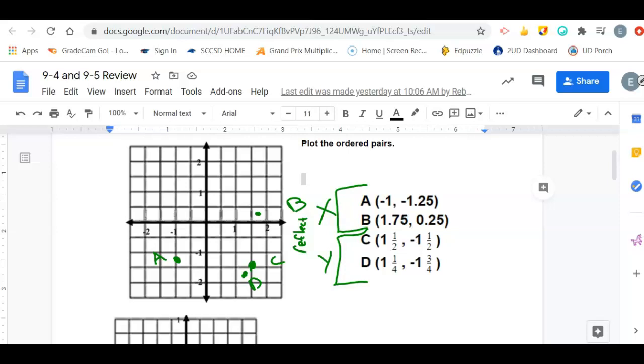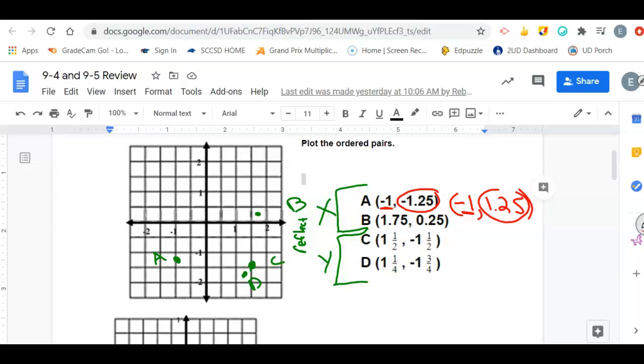All right, what is A reflected across the x-axis? David. -1 and... Good. Remember, when you reflect across the x-axis, your x stays the same, your y becomes the opposite. Nice job.